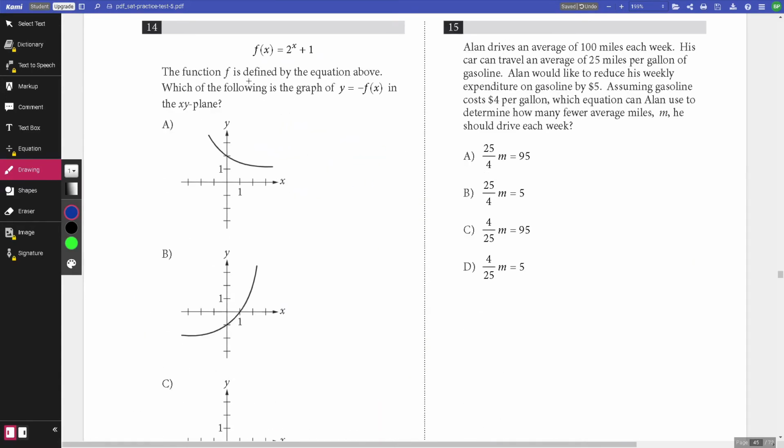Number 14. The function f is defined by the equation above, which of the following is the graph of y equals negative f of x. So negative f of x means it's going to be flipped over the x-axis. So this equation looks something like this. So when it's flipped, it should look something like this.